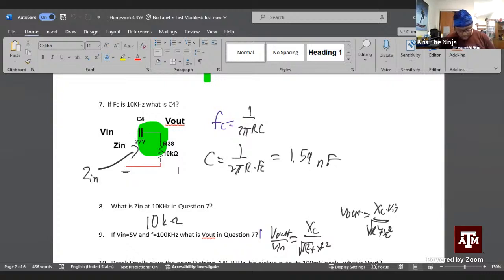One over that gives us a reactance value of 1,000 ohms.